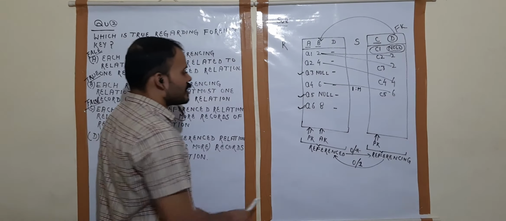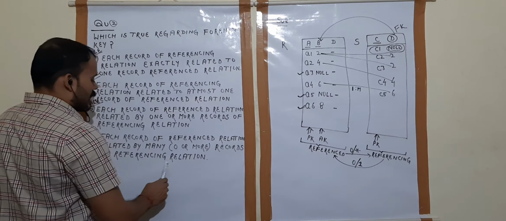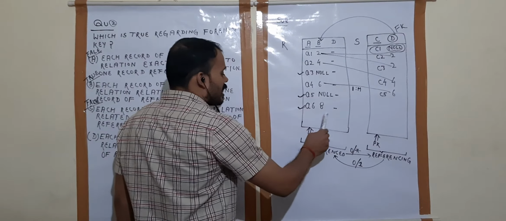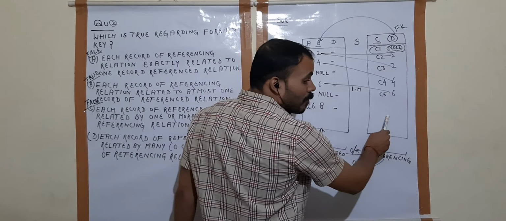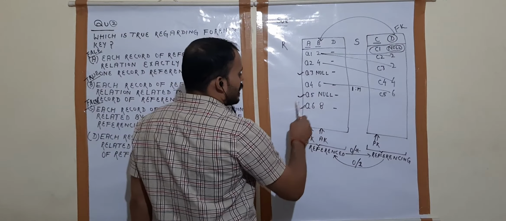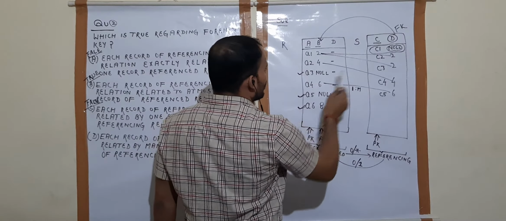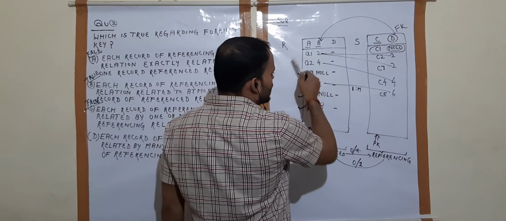See here, each record of referenced relation is related by zero or more records of the referencing relation. See here, this is related by zero, this is related by zero, and this is related by 2, this is related by 1, this is related by 1.